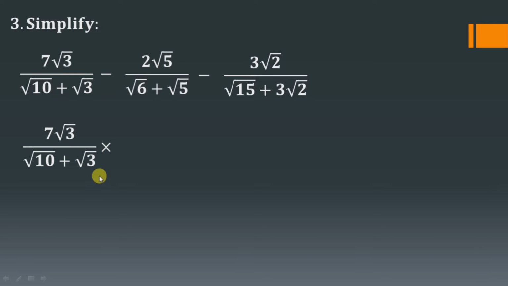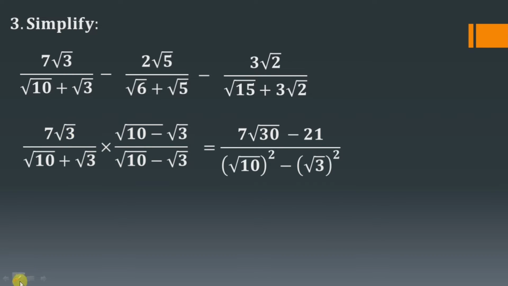So now multiplying numerator and denominator by root 10 minus root 3, I'll get 7 root 3 into root 10, which is root 30, so it's 7 root 30. 7 root 3 into root 3, so root 3 into root 3 is equal to 3. So 7 into 3 is equal to 21.